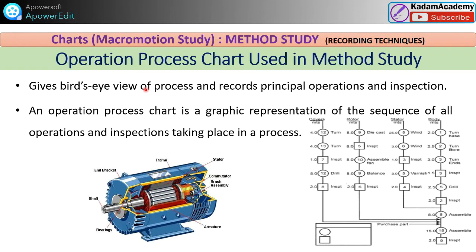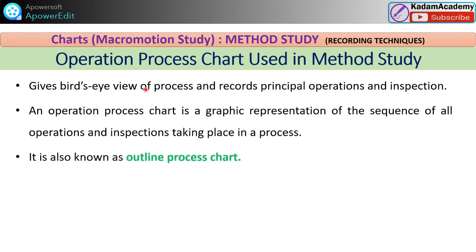We'll see in detail also. How to give that bird's eye view and graphic representation will be learned here. The overall process outline will be clear to you. That's why it is also known as the outline process chart.